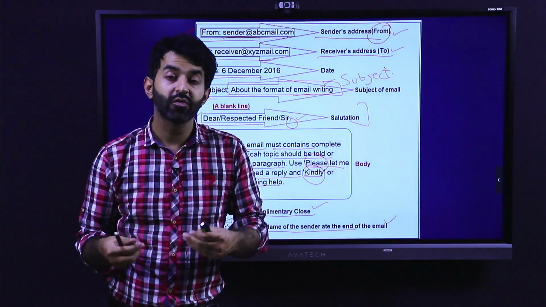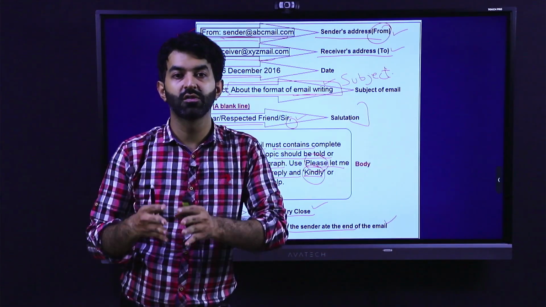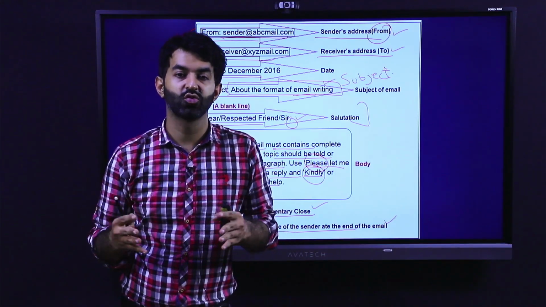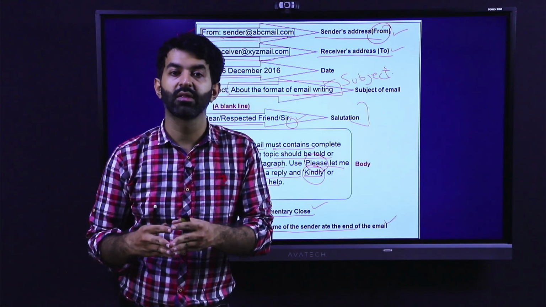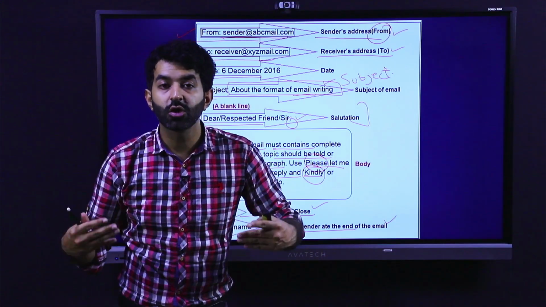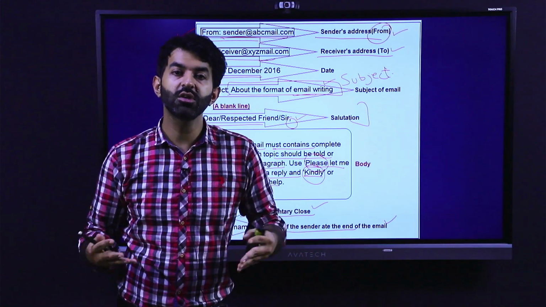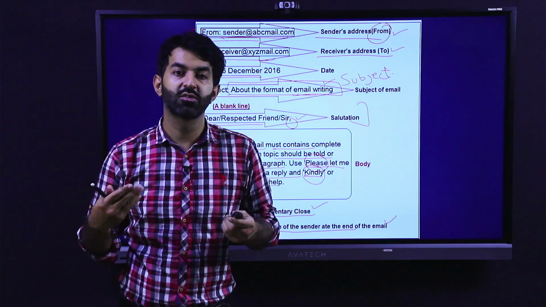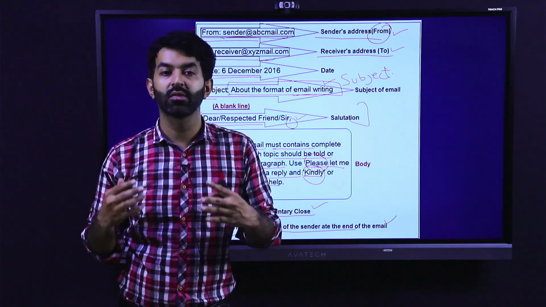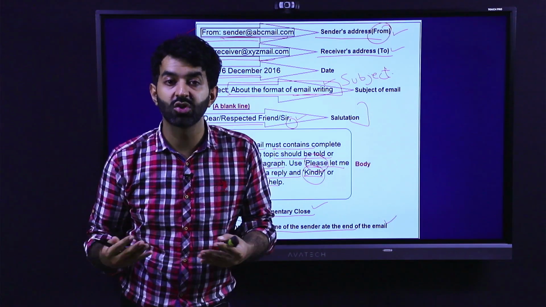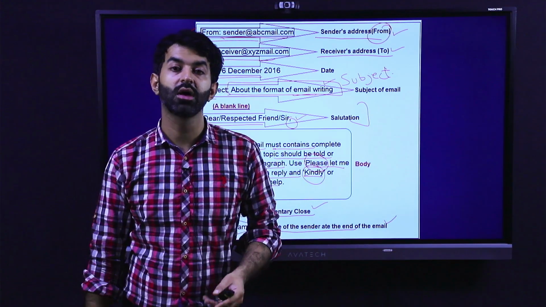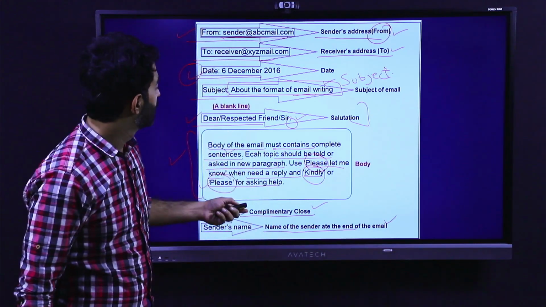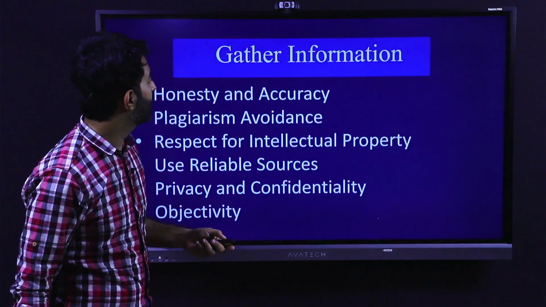And if you have some attachments, some documents, PDF files or Word files to attach, you can attach them in the email and then send it. If you want to send it to more than one person, you can include their receiver's addresses, and then the email is going to be sent to all of the people that you have mentioned in the address. So students, this is how we write an email.